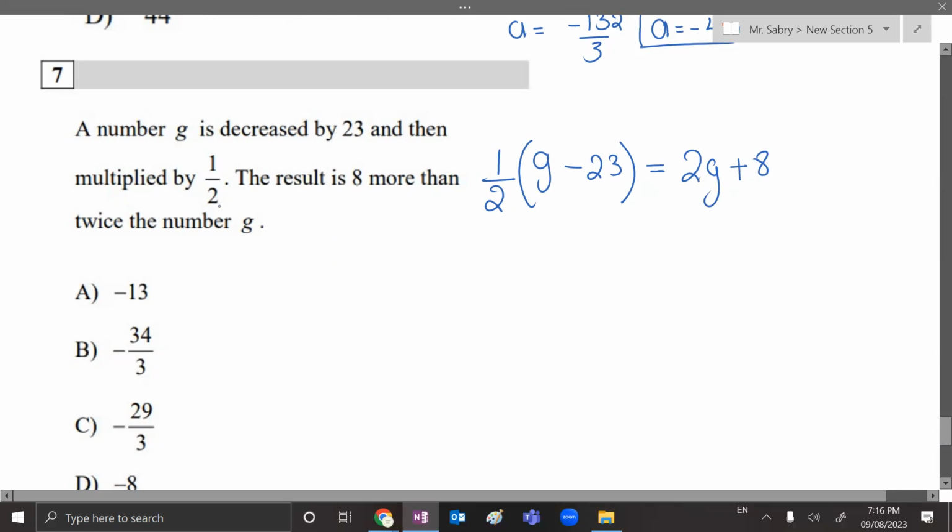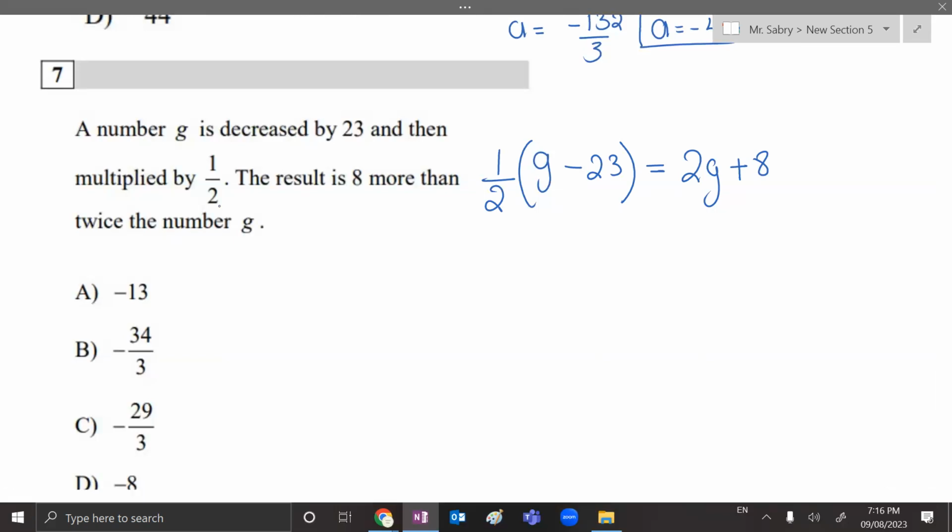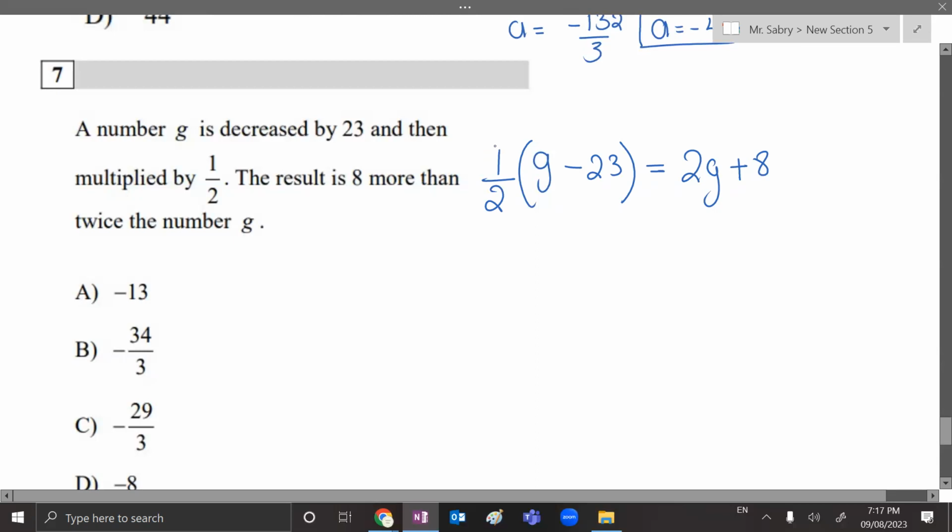G is decreased by 23 and then multiplied by half. Because it says and then multiplied by half, the whole answer of G minus 23 together will be multiplied by half. I can move the half to the other side by multiplication. Actually, I'll move just the 2 to the other side by multiplication.